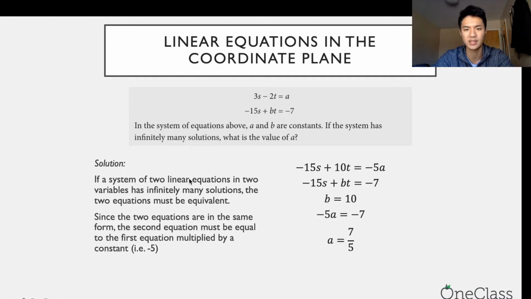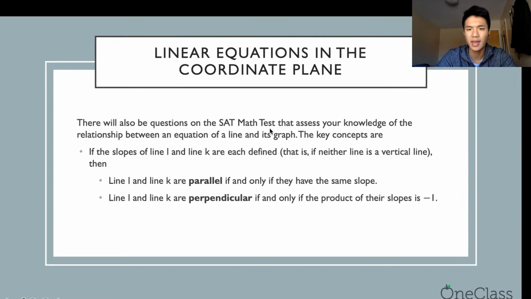So hopefully that makes sense, and we can see how the knowledge that we gained from talking about the system of equations and their relationship can be applied to the type of question we see here. And then again, when we're talking about the relationships between lines and graphs, there are key concepts relating to the slope relationships between systems of equations when they are in unique configurations.